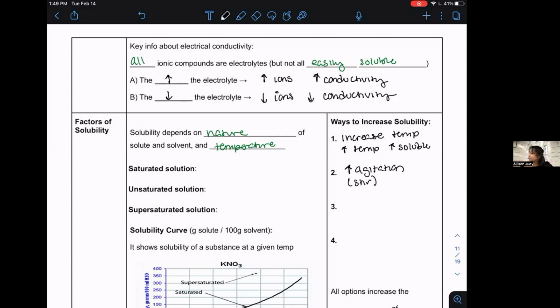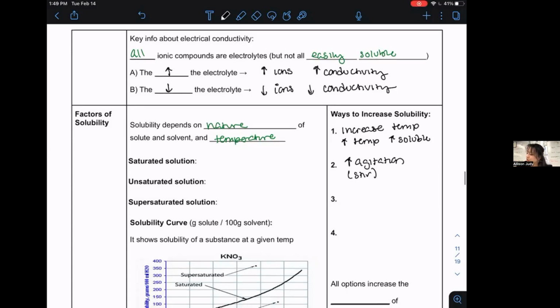Would you also increase surface area? I guess. Well, you can. That's the other thing you can do: increase the surface area. By agitation, you're creating the effects that increased surface area would give you, because increased surface area means you get more potential interactions.